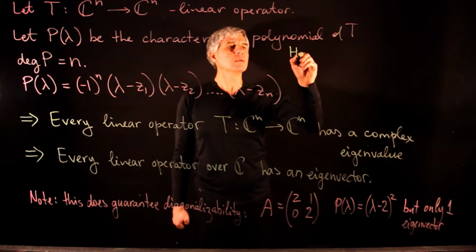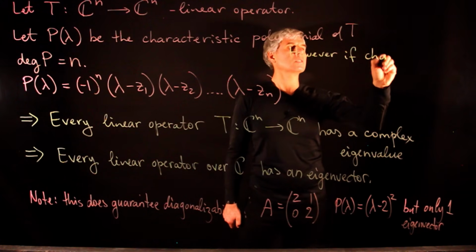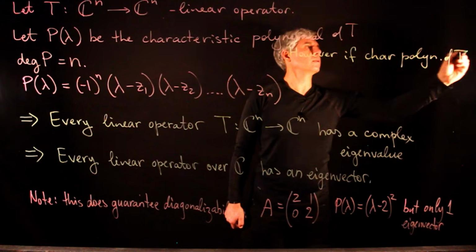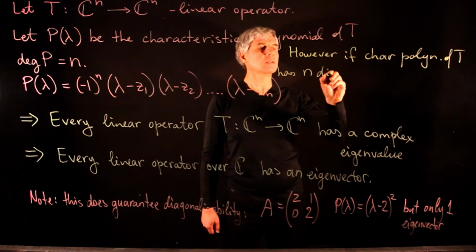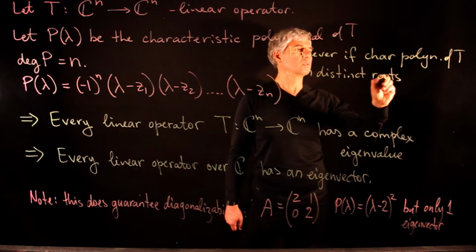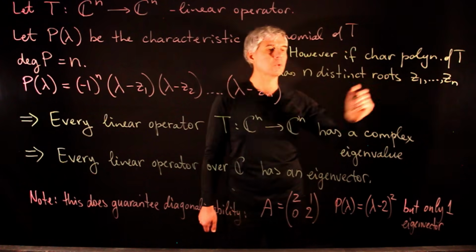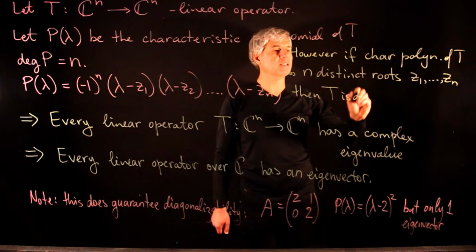So, however, if characteristic polynomial of T has n distinct roots, z1, ..., zn, which are not equal to each other, then T is diagonalizable.